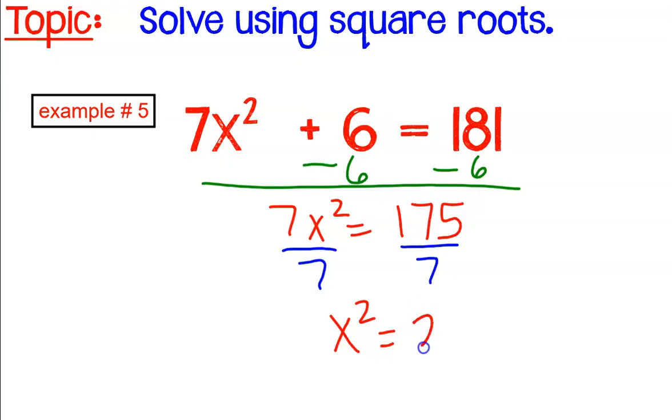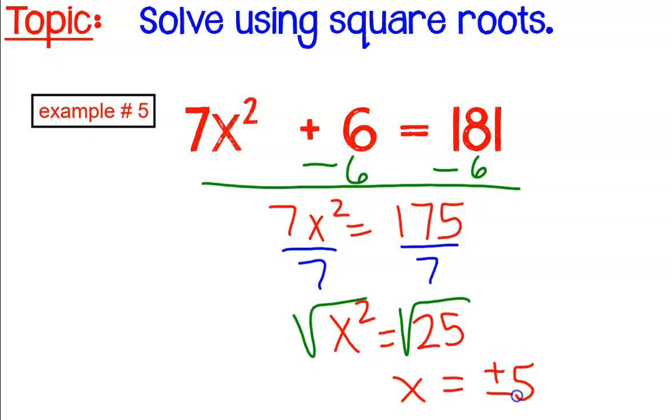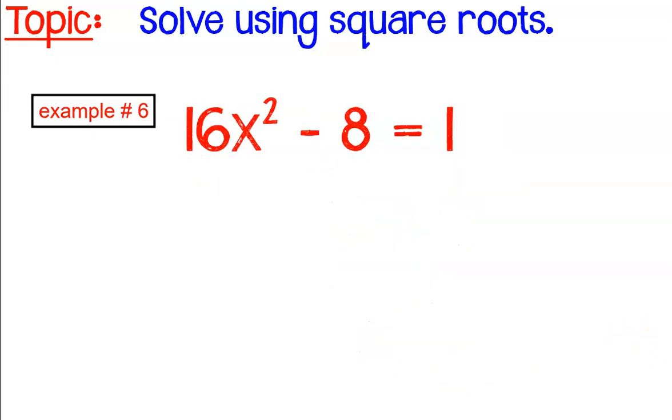And let's see, that's going to go into 25 times. And then we square root both sides. And don't forget your plus or minus sign. All right, that wasn't too bad. All right, one more.